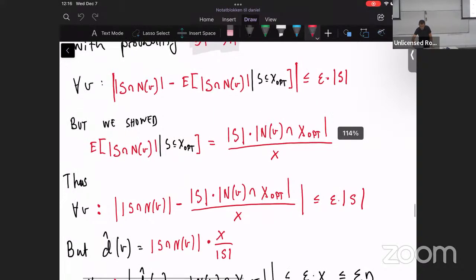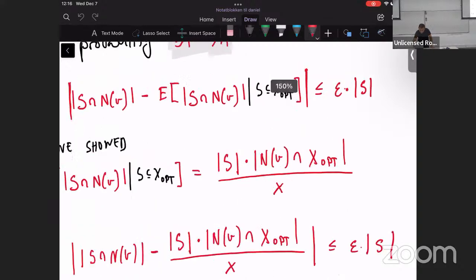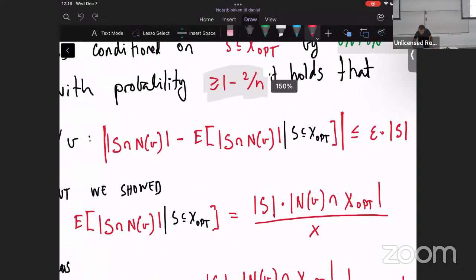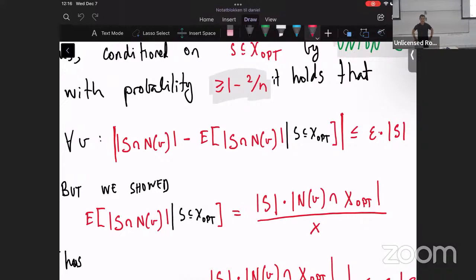And now by just multiplying things out correctly, what you're going to end up with, okay, let's do it. Yes, for all v, S intersection N of v is close to the expectation of S intersection N of v, right?